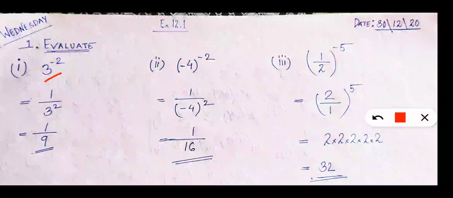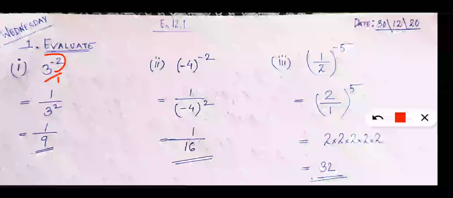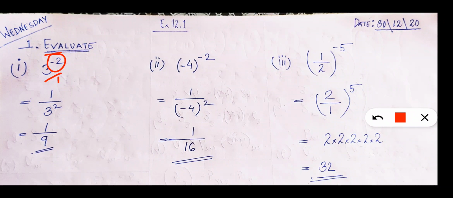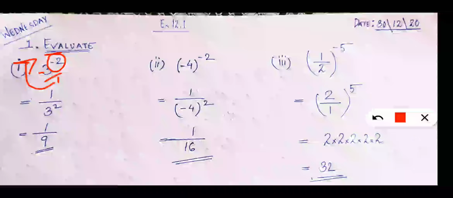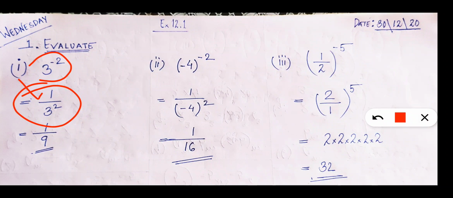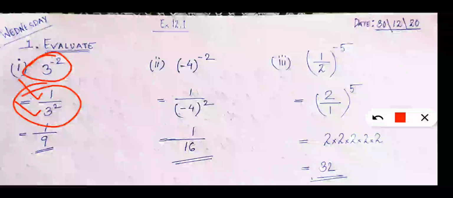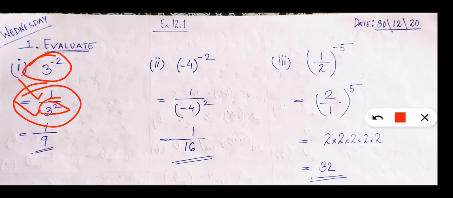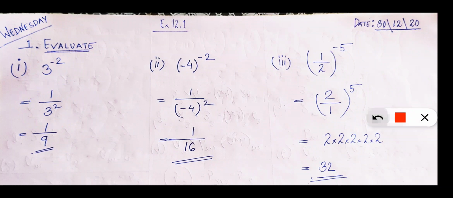So nothing is here means 1. If I want to make this inverse square a positive square, I have to bring this 1 in the numerator and this 3 inverse square in the denominator. So the next step would be 1 in the numerator and this 3 inverse square will become 3 square. Now see, the negative of the power has been removed. It is no longer an inverse square, it is a square now, because we have changed the places of numerator with the denominator.